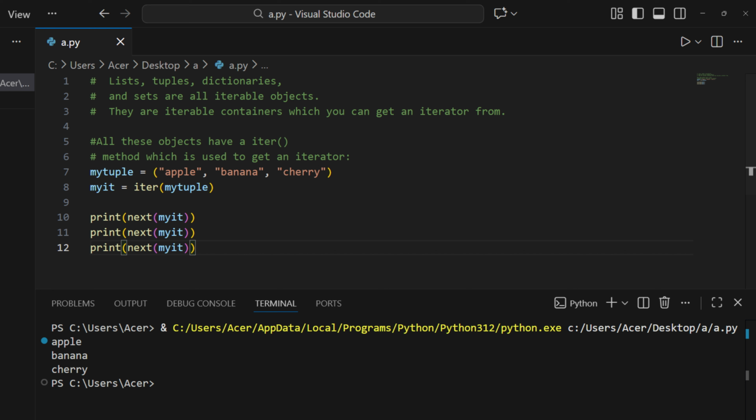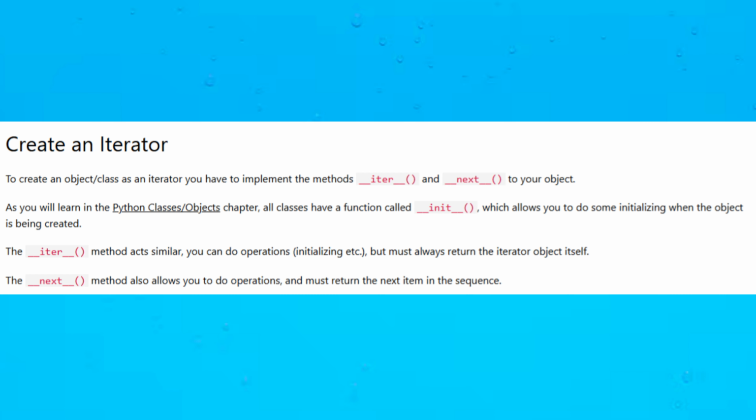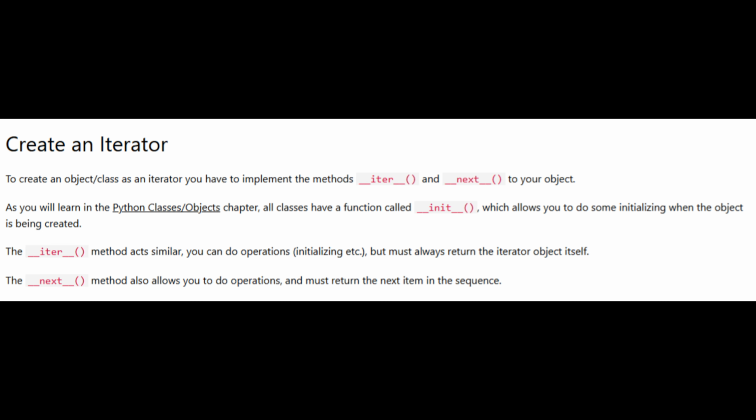Lists, tuples, dictionaries, and sets are all iterable objects. To create an object or class as an iterator, you have to implement the methods __iter__ and __next__ to your object, as you will learn in the Python classes and objects chapter.